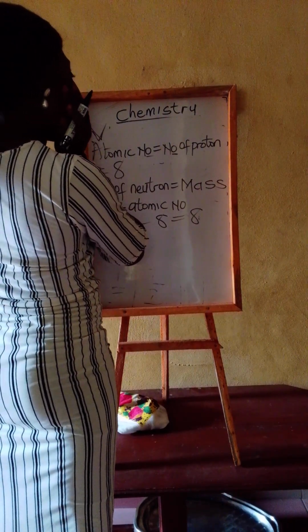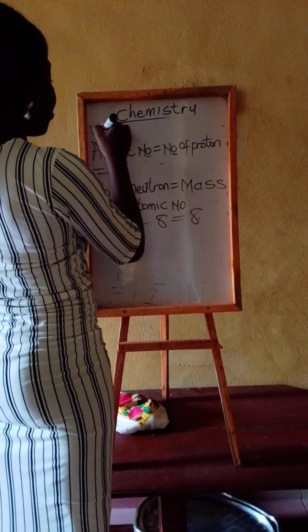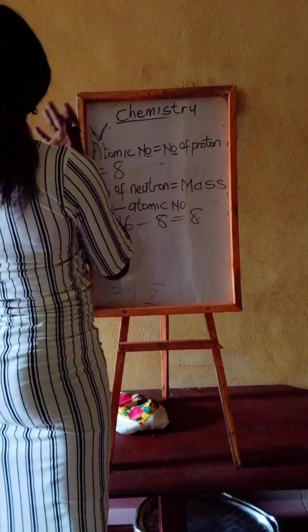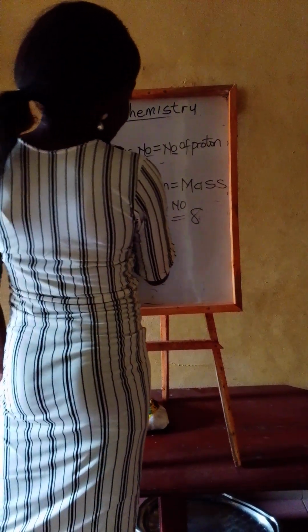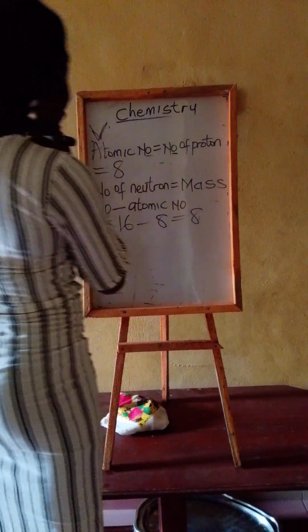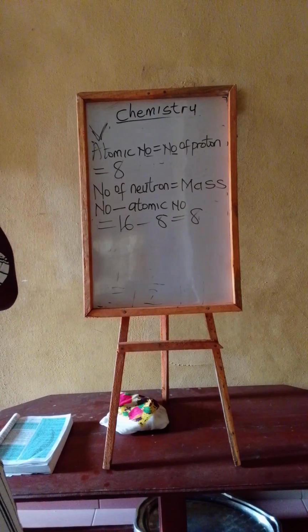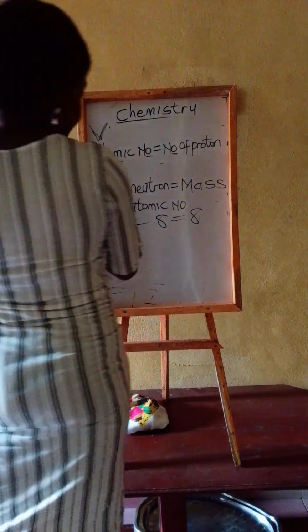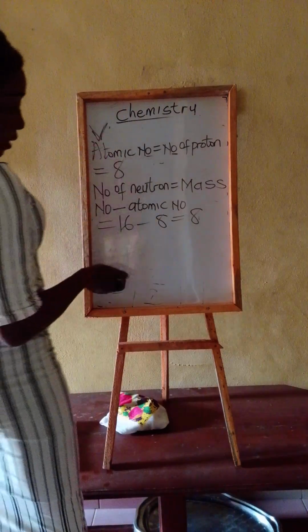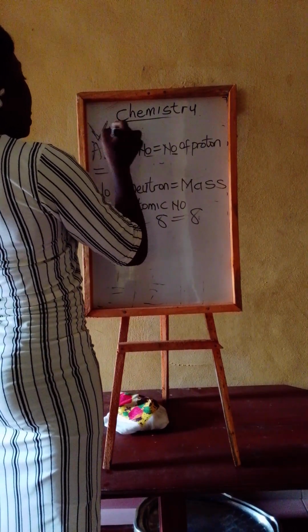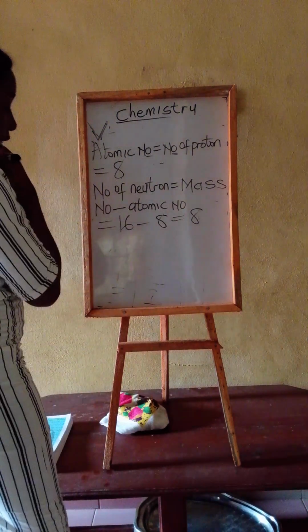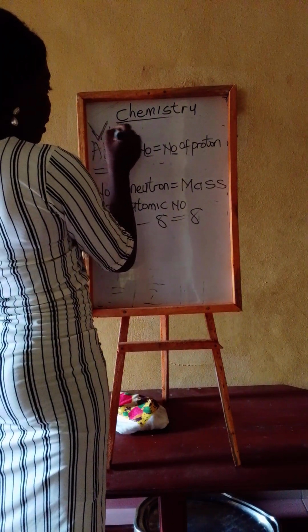We have an ion when it is electrically charged. So what do we mean by that? This is not an ion. This is an atom.